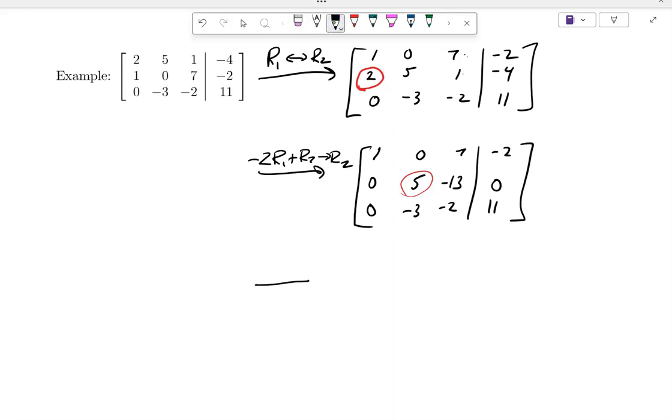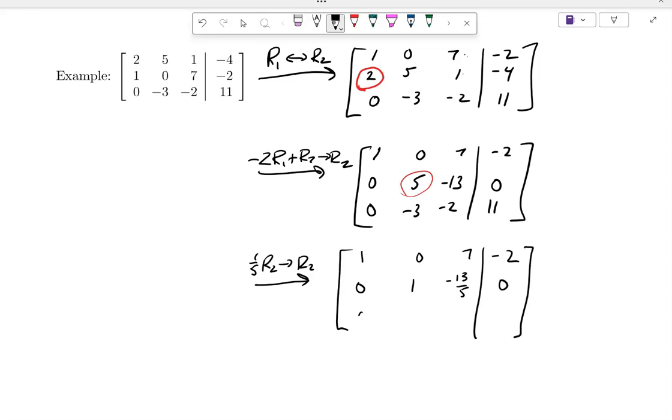I know, it's not fun. I'll do 1/5 row 2 and replace row 2. Divide everything by 5. We'll get a 1 there, a negative 13 over 5 there, and a 0 there. And we still don't change the third row.